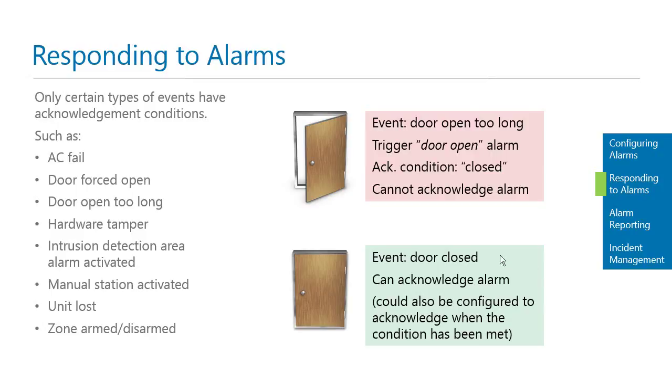So the door is closed, that's our event, and that means we can actually acknowledge that alarm. And as I mentioned, if we uncheck the acknowledgement box underneath, that could be used to clear the alarm, just the closing event itself.